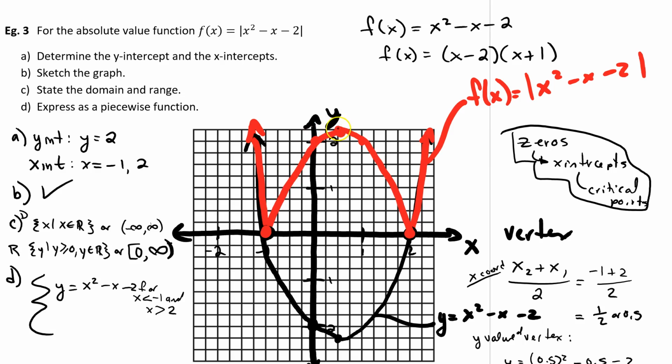And then the new part, the part that becomes the reflection: y equals negative, the original, negative (x squared minus x minus 2), for x between negative 1 less than or equal to x less than or equal to 2. And we're done! Like I said before, you can distribute this negative in, or you can just keep it like that. It's all good.